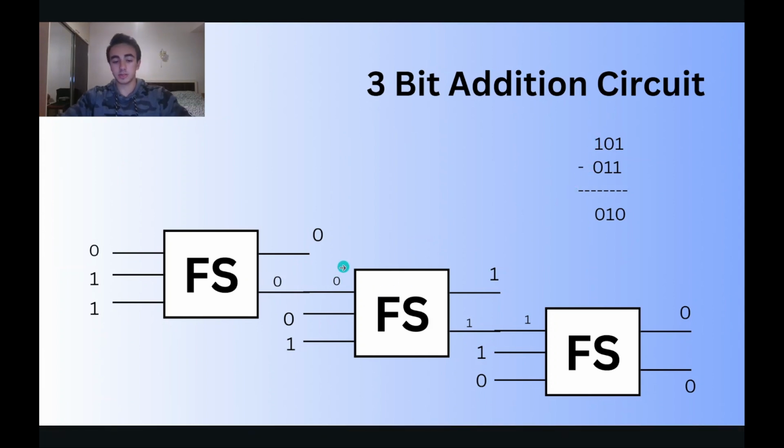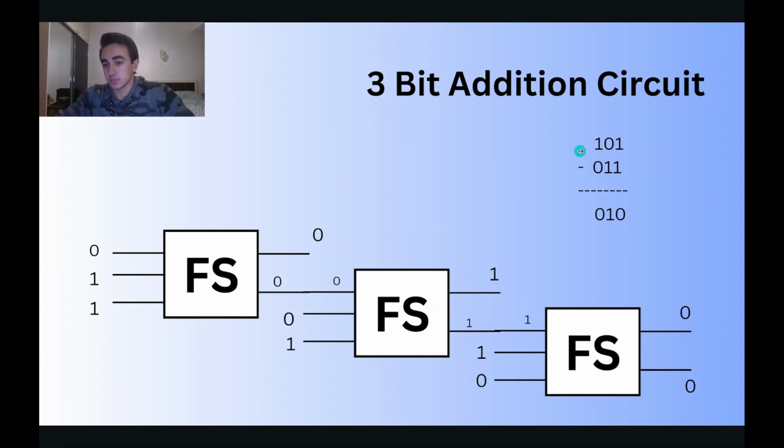The borrow in is 0. 1 is subtracted from 0, so we get a borrow out of 1 and a difference of 1.